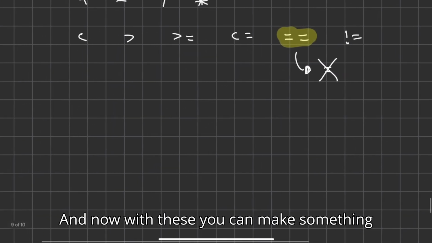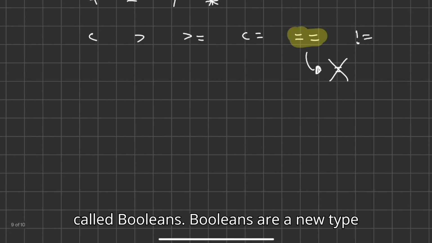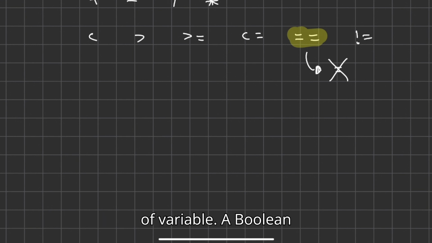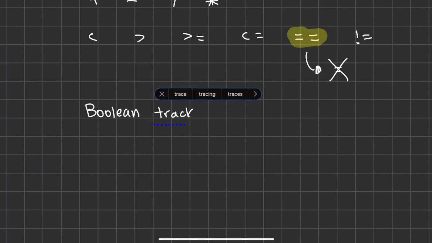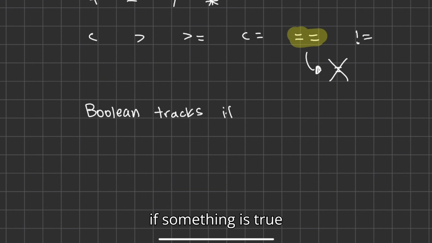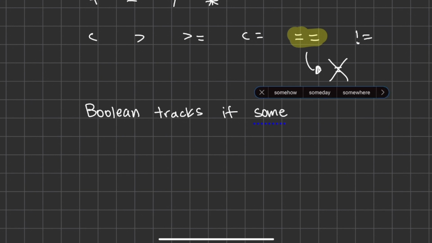And now, with these, you can make something called booleans. Booleans are a new type of variable. A boolean tracks if something is true or false.